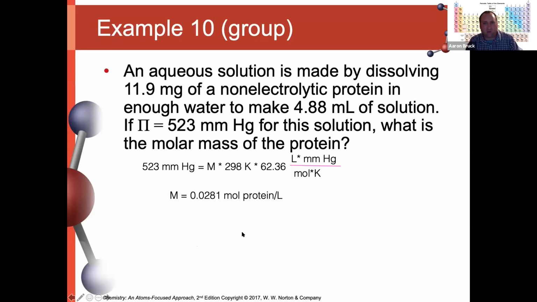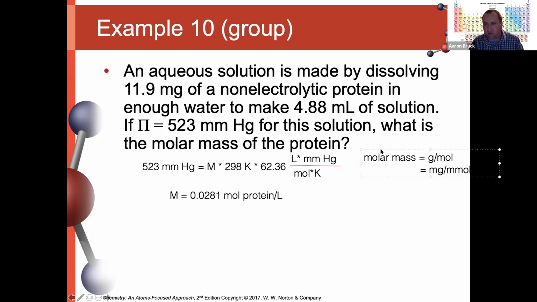And so we could do the same kind of thing again. One little trick we could do is we've talked about the idea that molar mass is equal to grams per mole. Well, it can also be equal to milligrams per millimole as well.